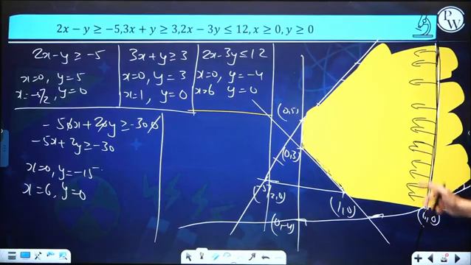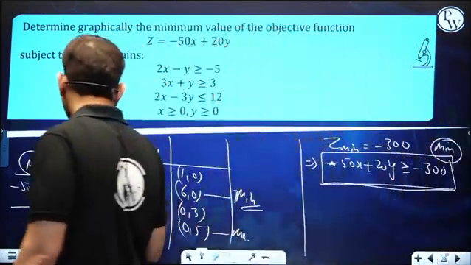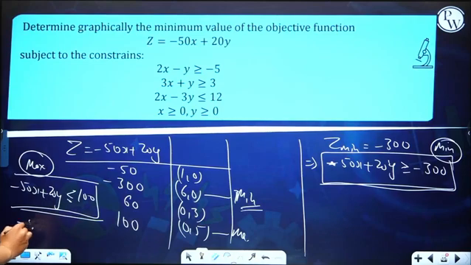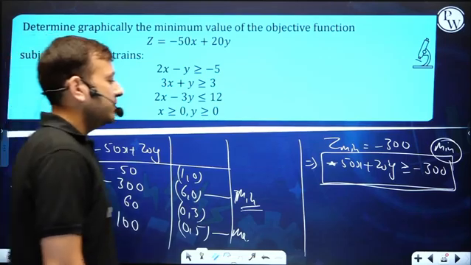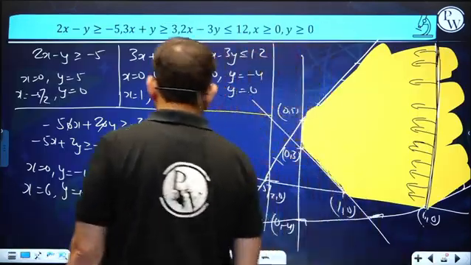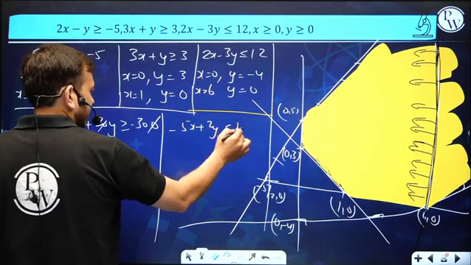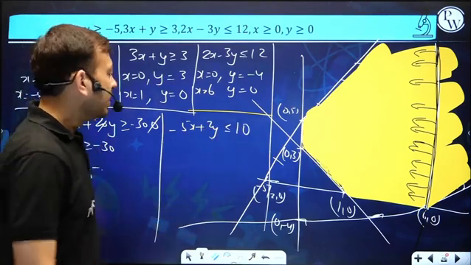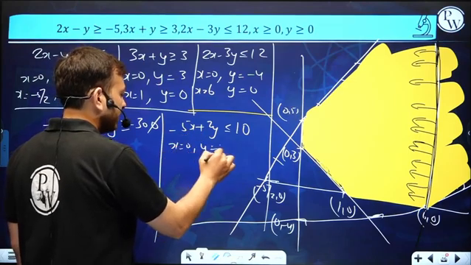Okay. So like this, you can see that we should have checked for this. So this is minus 5x plus 2y less than 10. Let's check. For x equals 0, y is 5.